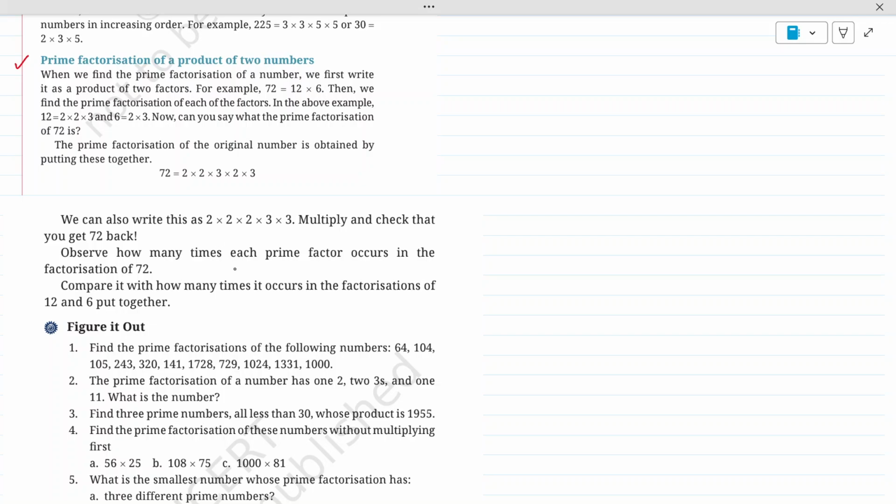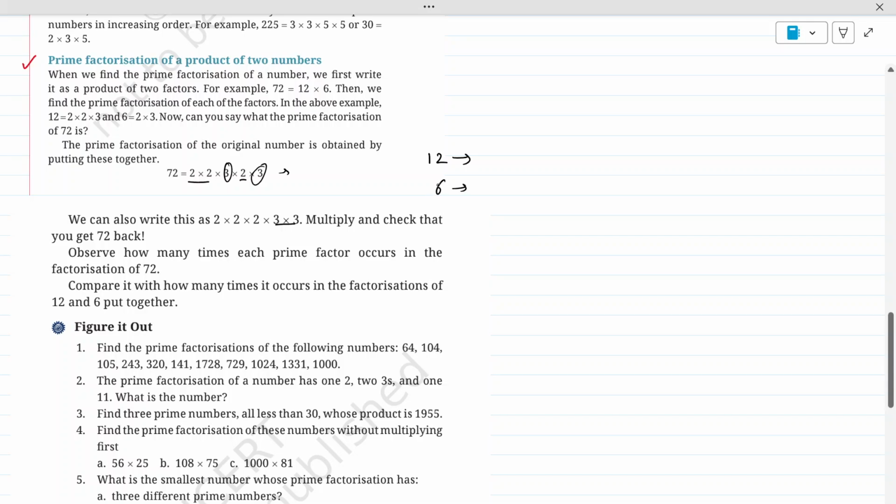Now observe how many times each prime factor occurs in the factorization of 72. So if we see here, 2 is coming 3 times and 3 is coming 2 times, right? Compare it with how many times it occurs in the factorizations of 12 and 6 put together. If we take the factorization of 12 and 6, 12 gives us 2, 2 and 3, and 6 gives us 2 and 3.